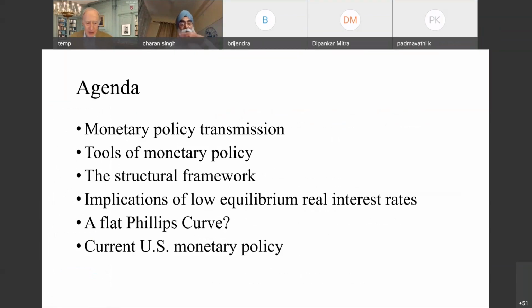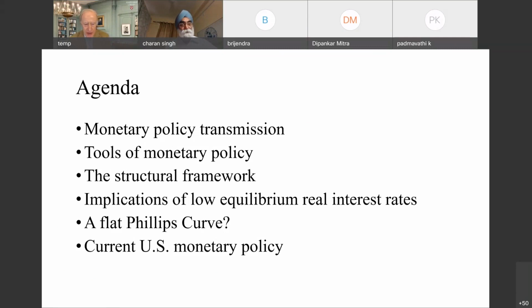So here are the subjects that I plan to go through in the next half hour or so. And then I look forward to having a discussion. I want to talk about the monetary policy transmission mechanism, which is always a focus of research and has been for many years.